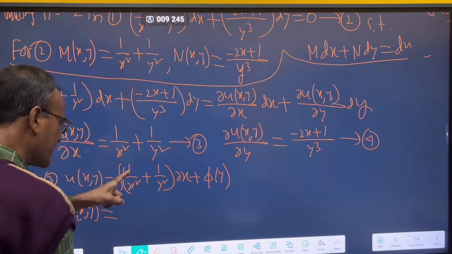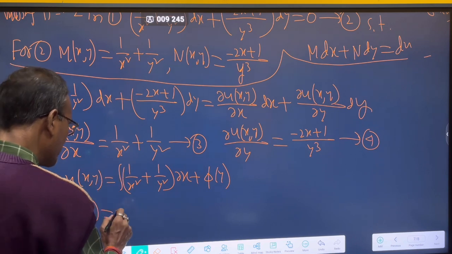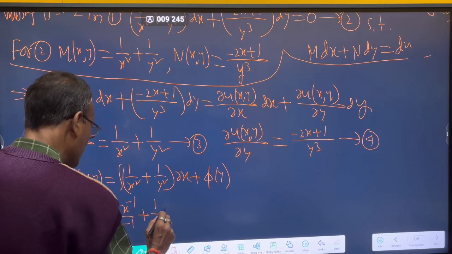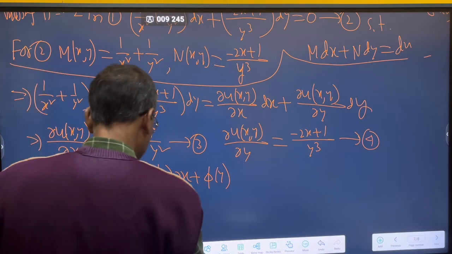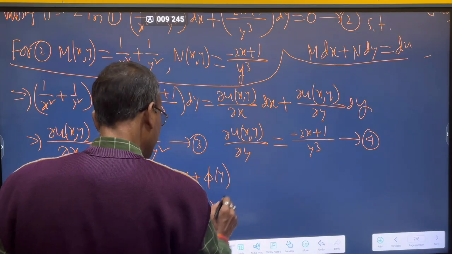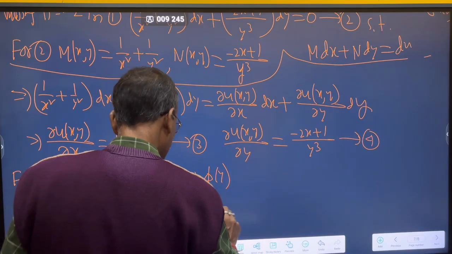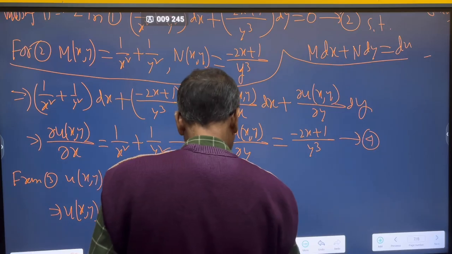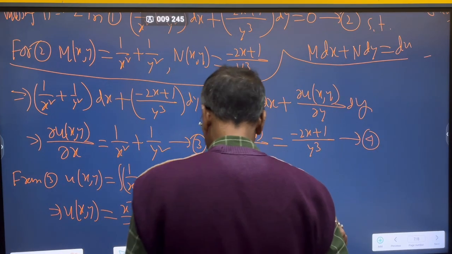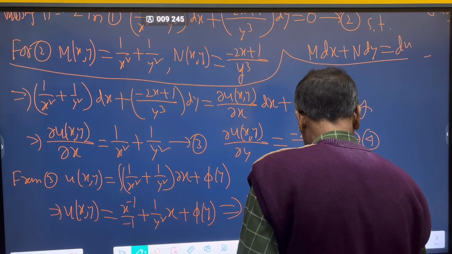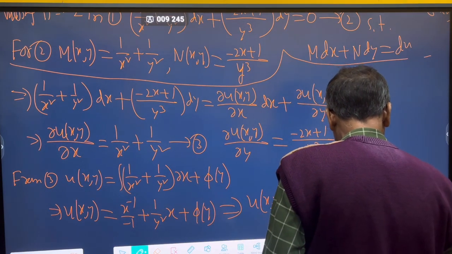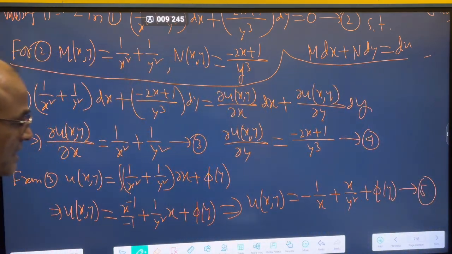With respect to x, the integration of x to the power minus 2 is x to the power minus 1 divided by minus 1, plus x/y² plus phi(y). This means u(x,y) equals −1/x + x/y² + phi(y). Suppose this is number 5.